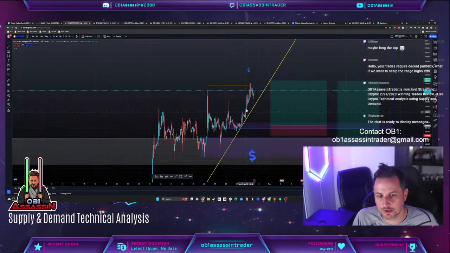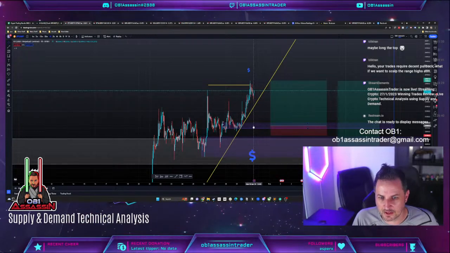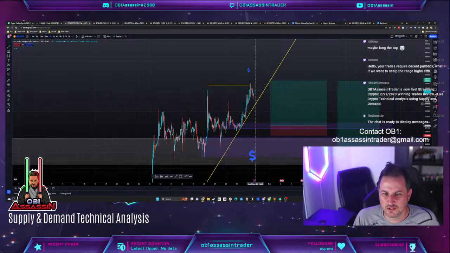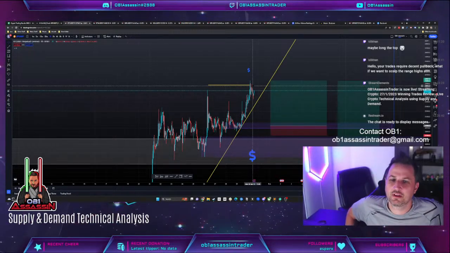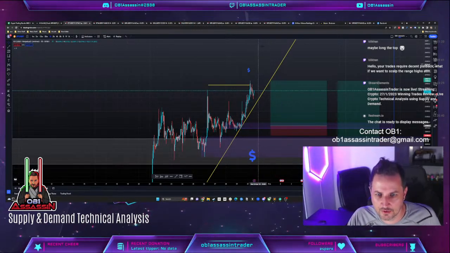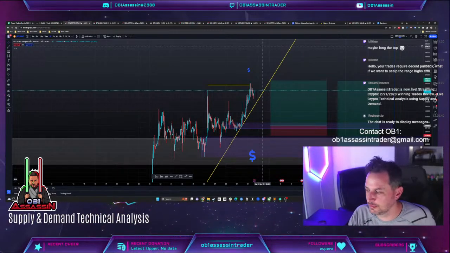Yes, it's likely for Bitcoin that these stops get taken. I think the price could definitely come down, but I'm not necessarily going to scalp that. I could, but at the same time, I'm not completely confident that it's not just going to break through here and cause new highs. Like, it looks really bullish.